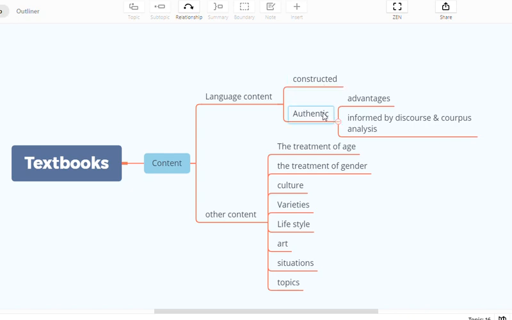The authentic materials are the materials which are genuine. For example, the dialogues included in the textbook or the text or the task are genuine. They are real. They are used in real life situations. The advantage of these authentic materials over the constructed materials is that whatever students read here or learn here is whatever they are going to use in the future.